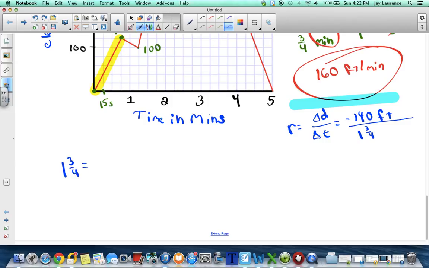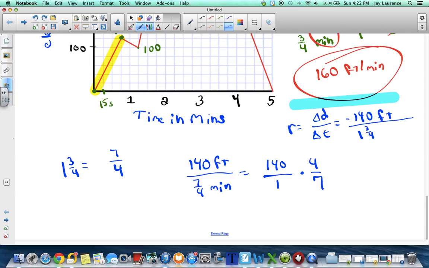So I'm going to use an improper fraction. 4 times 1 plus 3 is 7, and I'm dividing by 4. So my fraction is 140 feet per 7/4 minutes. Now I'm going to do the 140 over 1 times 4 over 7.